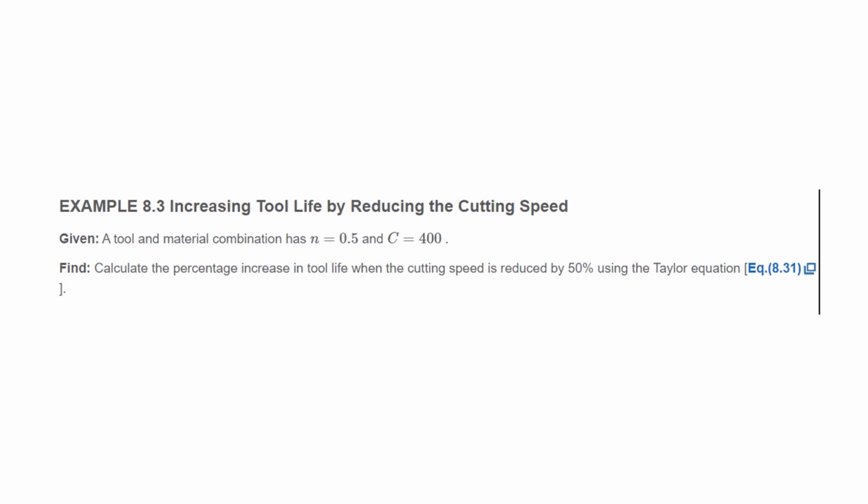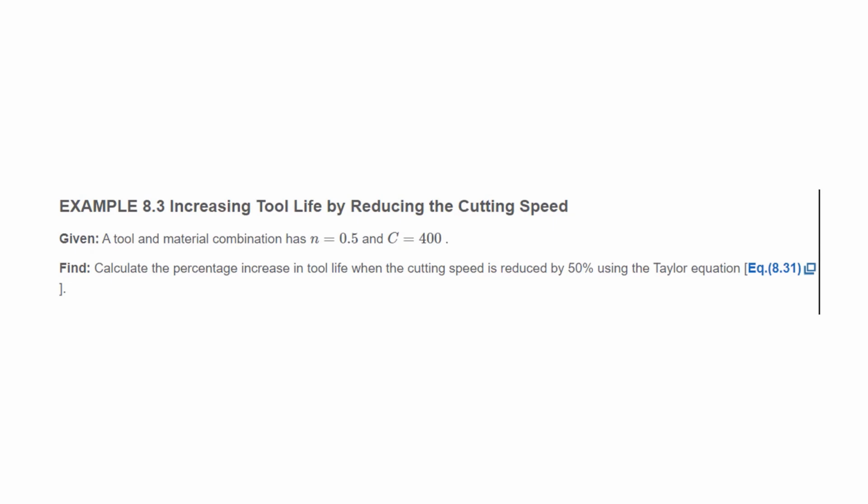You agree? Now if my V2 equals 50% of V1, then T2 over T1 equals (V1/0.5V1) squared. This gives me 4. That means the tool life for my second case is 4 times your original tool life.